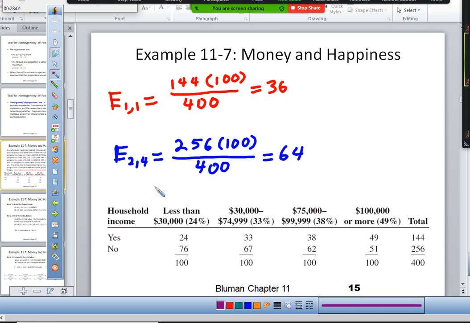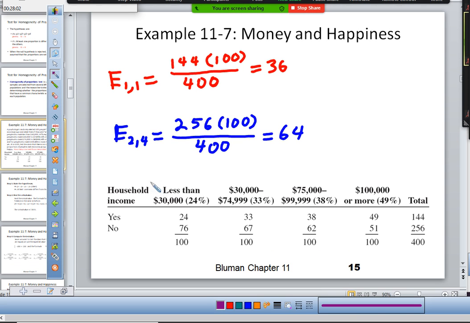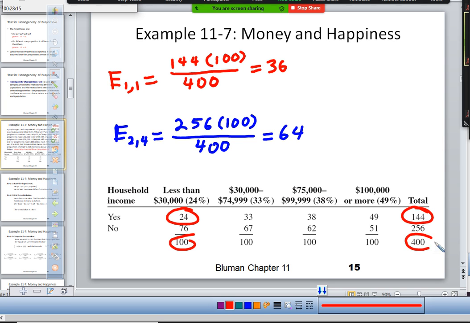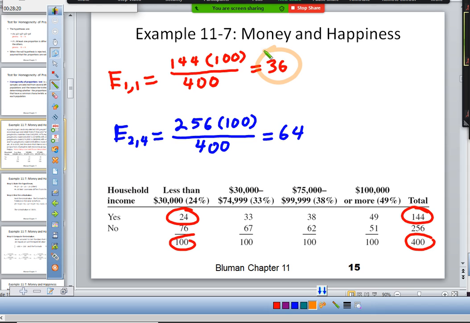So first you need to find your expected values. The very first one I'm going to have is for this guy right here, 24. So I'm going to find his row total, 144, and his column total, 100, and divide by the grand total, 400. So 144 times 100 divided by the grand total, that's 36. And then I'm going to find it for the second one. Notice how I said E1, comma 1, first row, first column.